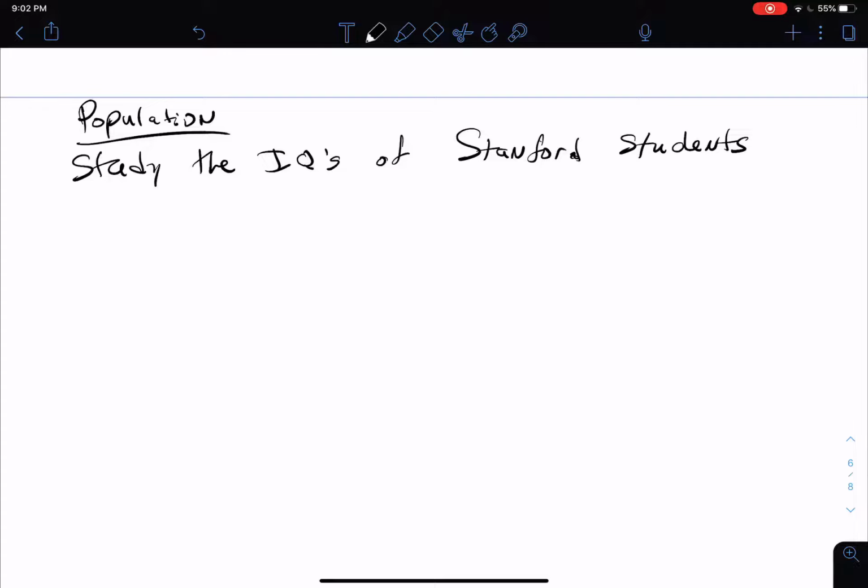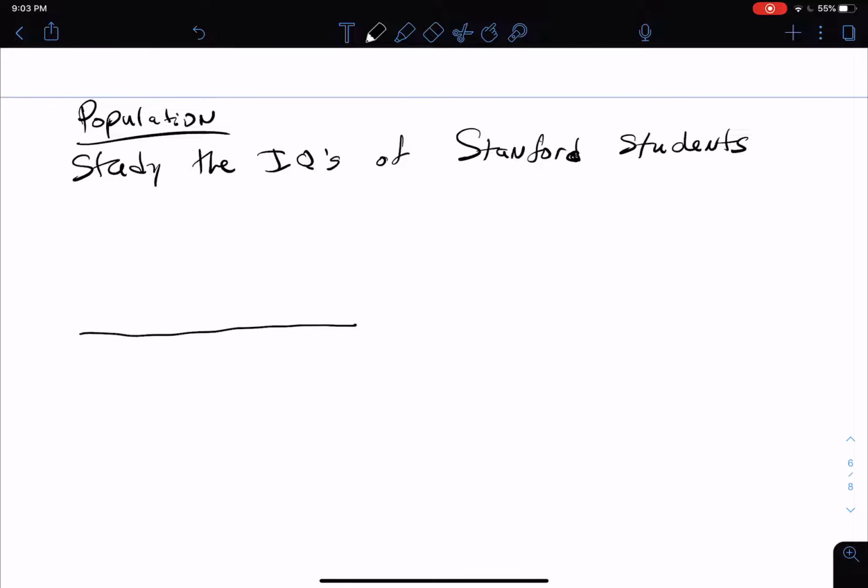We kind of expect the IQ of Stanford students to be skewed compared to the general population, because to get into Stanford, you have to have a lot of money, but you also have to have really great SAT scores and super high grades. So it makes sense that their population is going to be skewed.